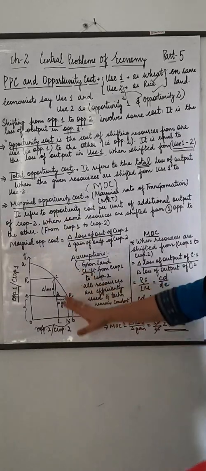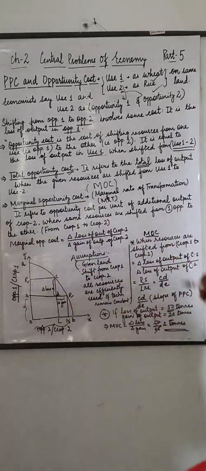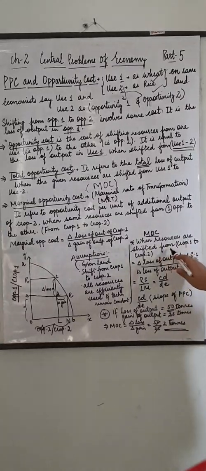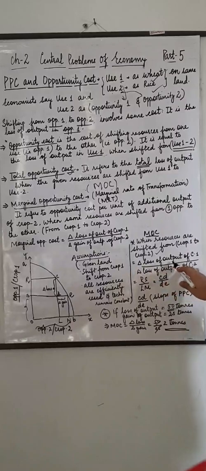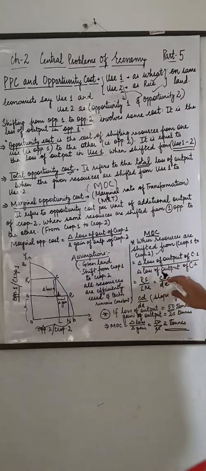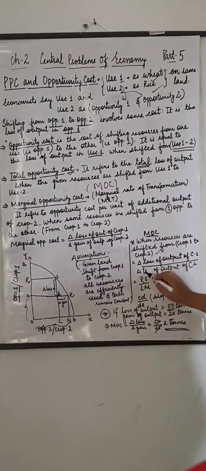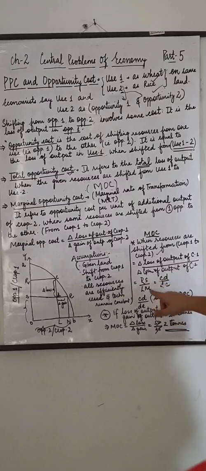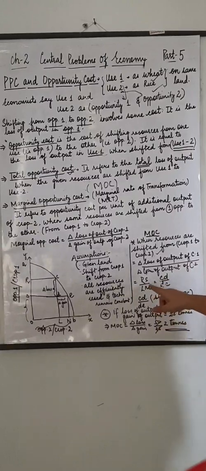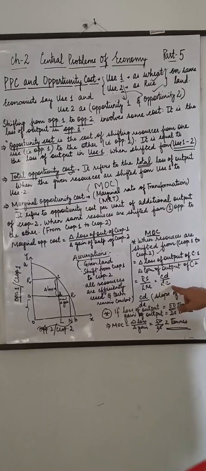So from here we can make out this conclusion that when resources are shifted from crop 1 to crop 2, there is a loss of output of crop 1 and a gain of output of crop 2. Alright, and RS upon LM equals CD upon DE.